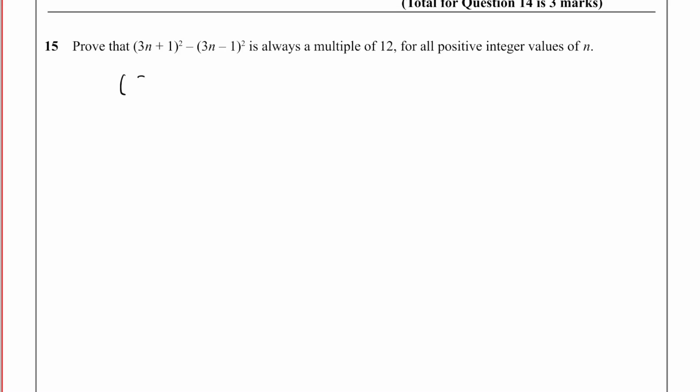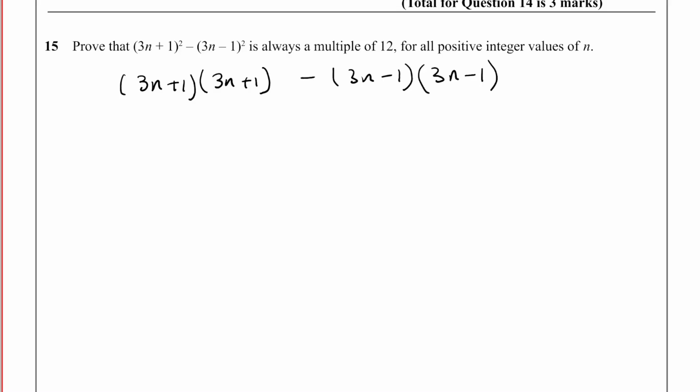So we're going to expand 3n plus 1 times 3n plus 1, and 3n minus 1 times 3n minus 1. We have to be careful with this minus sign because we want to take away all of this expansion, not just the first term.